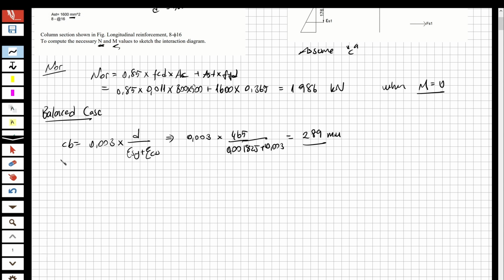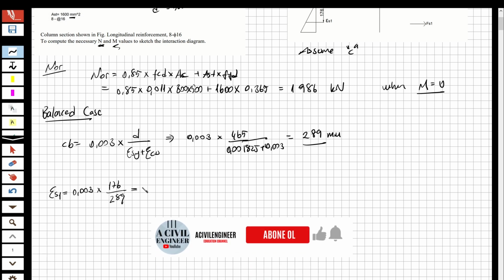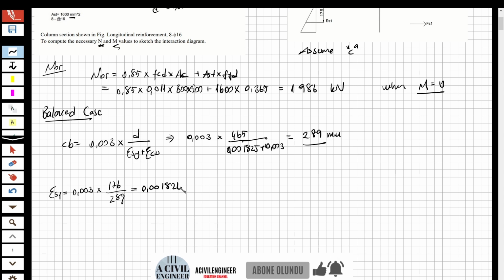For the first steel, it's going to be 0.003 multiplied by 176 over 289, and it's going to be equal to 0.001826.